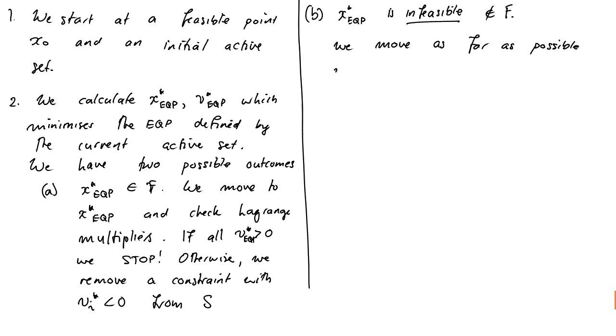So we move as far as possible along the line segment from x0 to x star EQP while staying feasible.